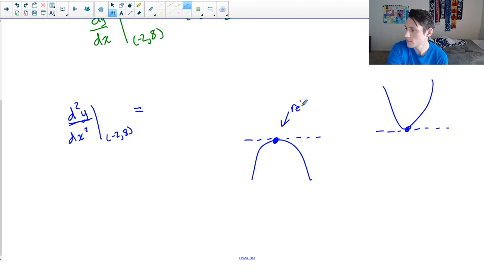Here we got a relative max. Here we've got a relative min. We definitely know it's one of them because the first derivative is 0. But now let's figure out the second derivative so we can determine the concavity, which will tell us specifically if it's a relative min or relative max.